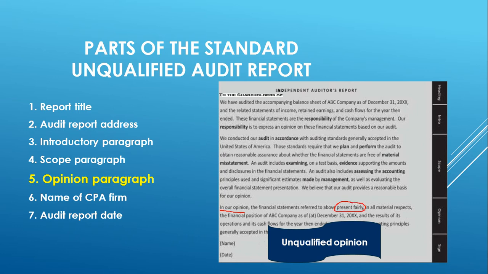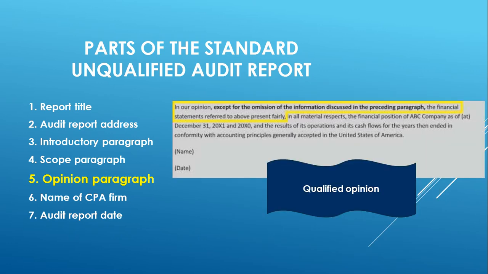The second type is the qualified opinion. The qualified opinion is the same as the unqualified opinion. We can find present fairly, but the difference is this word, except. That's the difference between these two reports.